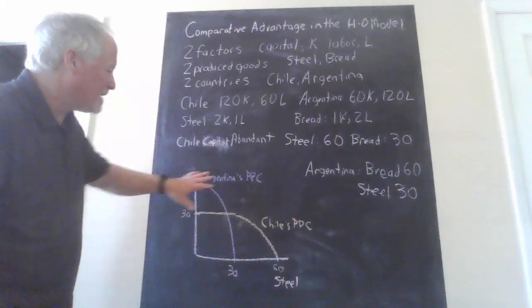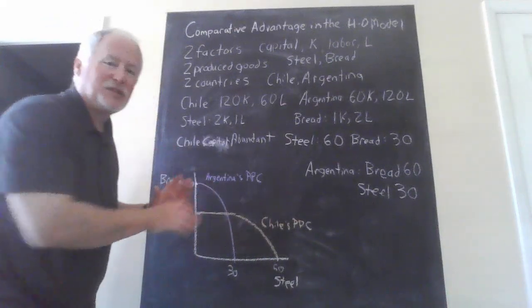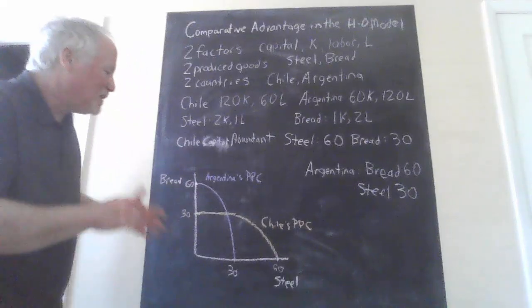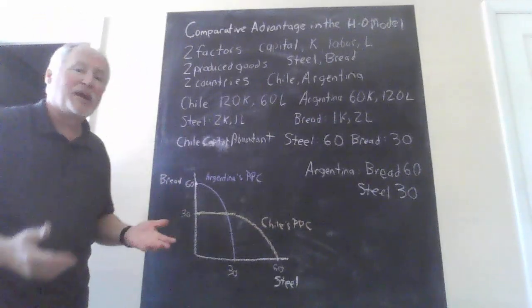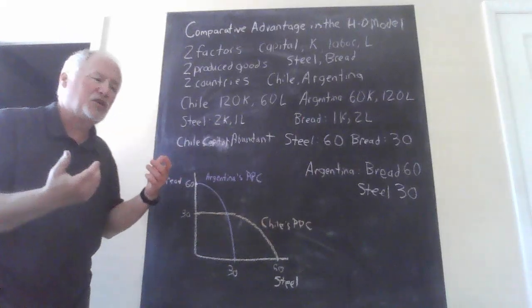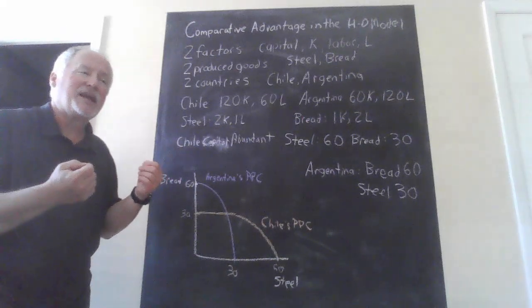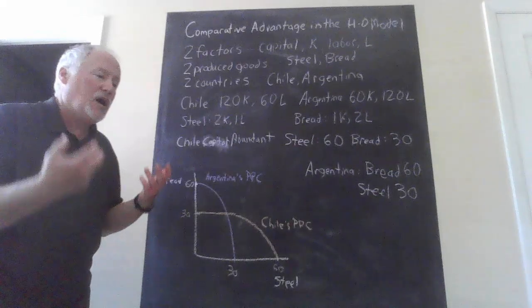But what we can see is that Argentina can produce a lot of bread, Chile can produce a lot of steel. And so that's how they have this comparative advantage. Now, if you think about how we defined comparative advantage, it depended on the opportunity cost.